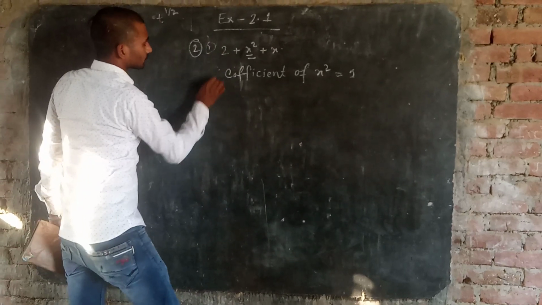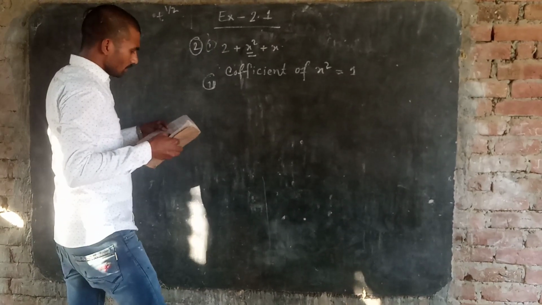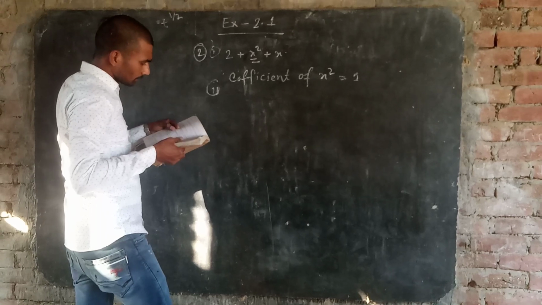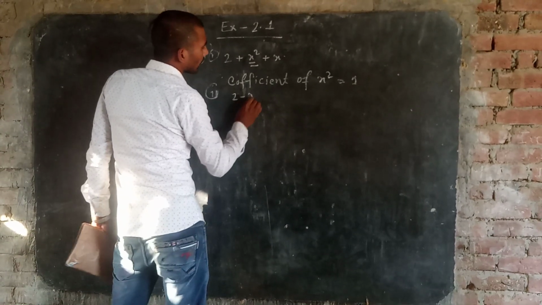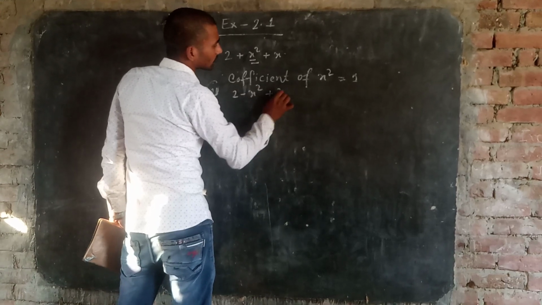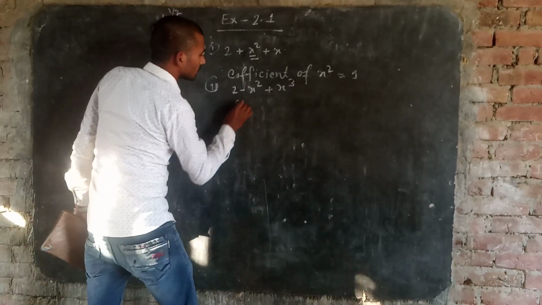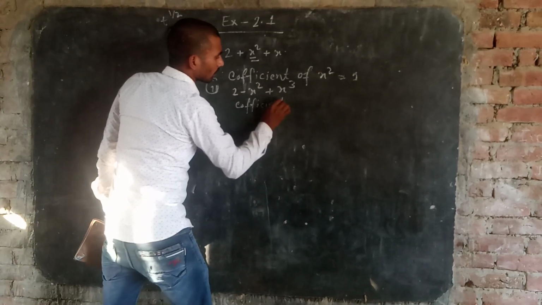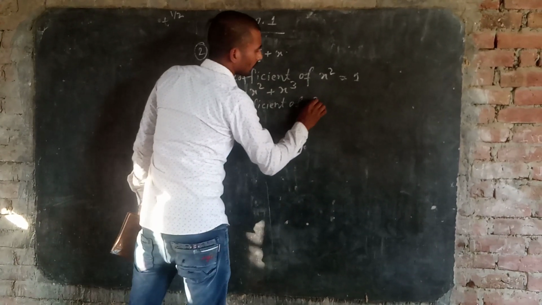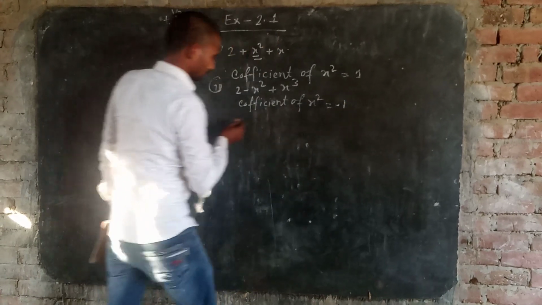Second, 2 minus x square plus x cube. Coefficient of x square equal to -1.